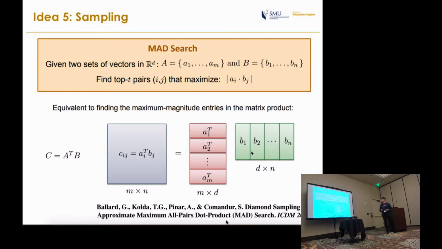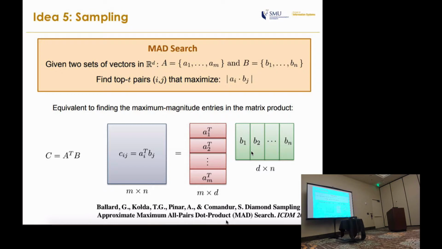Okay, so sampling is a third approach to filter out the candidates to do the exact inner product computation. The idea of sampling is proposed in a paper published in ICDM 2015. The problem that they solve is actually a more general problem as compared to maximum inner product search. It is maximum all pairs search.